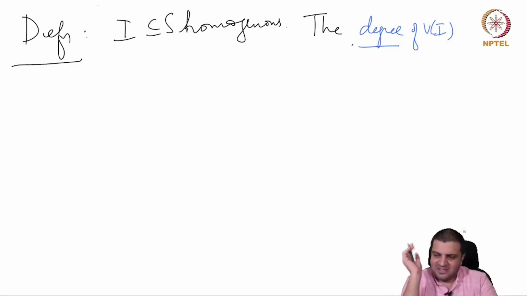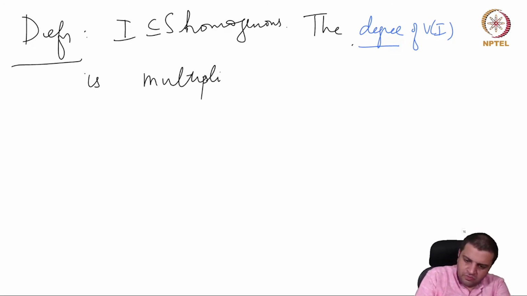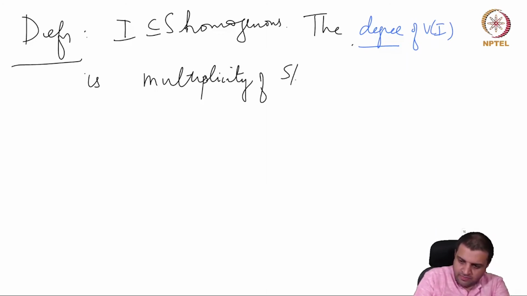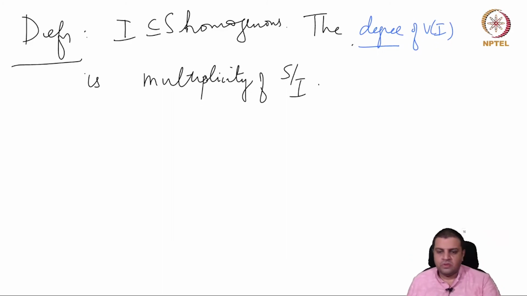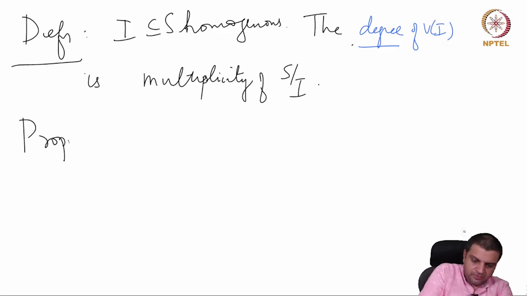At least it's a closed subset of Proj of S. The degree of this, by definition, is the multiplicity of R/I, S/I. So this is what we will call the degree of this thing.